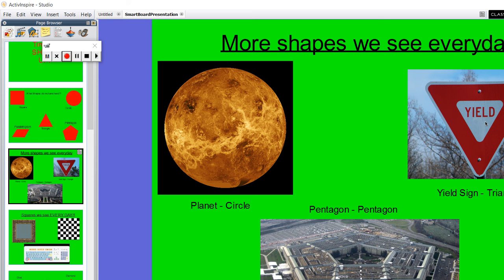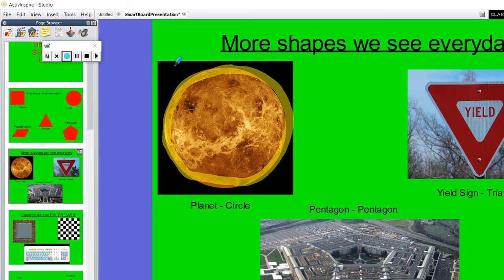Okay, so right here, the shape that we see, we have a planet. It's in the shape of a circle. Right here we have a sign that we would see on the streets. That sign gives us a triangle. It's an upside down triangle.